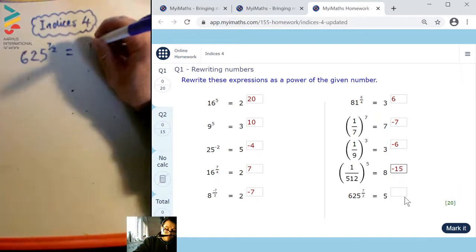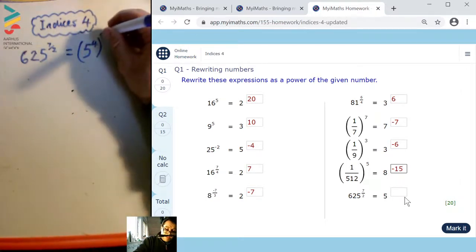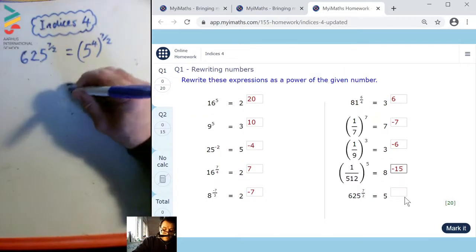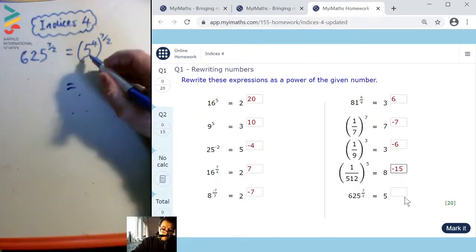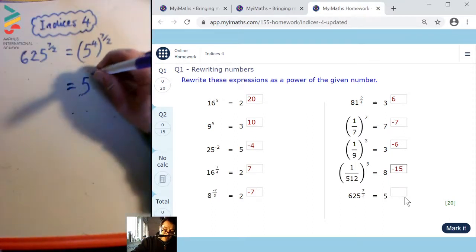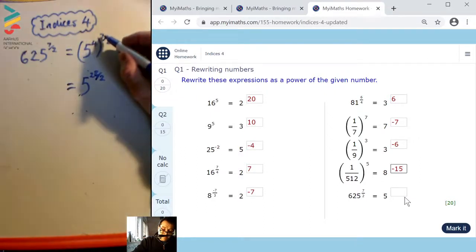So that whole thing can be written as 5 to the power of 4 to the power of 7 over 2. Okay, the rule is multiply the powers when you've got one power raised to another. So that's the same as 5 to the power of 28 over 2. 4 times 7 makes 28, and then it's over 2.